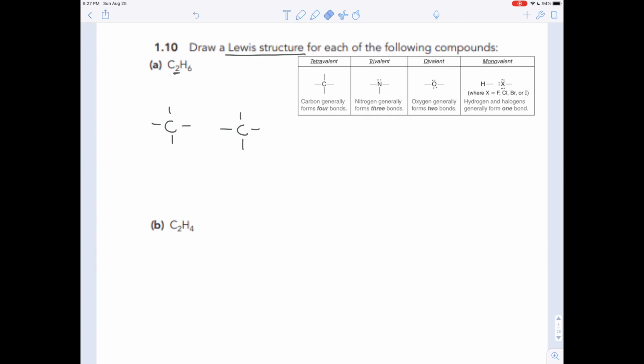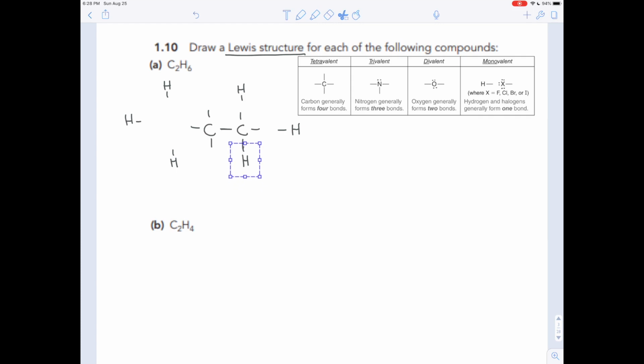Then we have 6 hydrogens. And so I would draw 6 hydrogens, each with just 1 bond. And once you have all of those drawn out, you can start putting them together. Now you want whatever elements form the most bonds, so for the carbons here, you want those to be in the center, and you want to make their bonds line up.